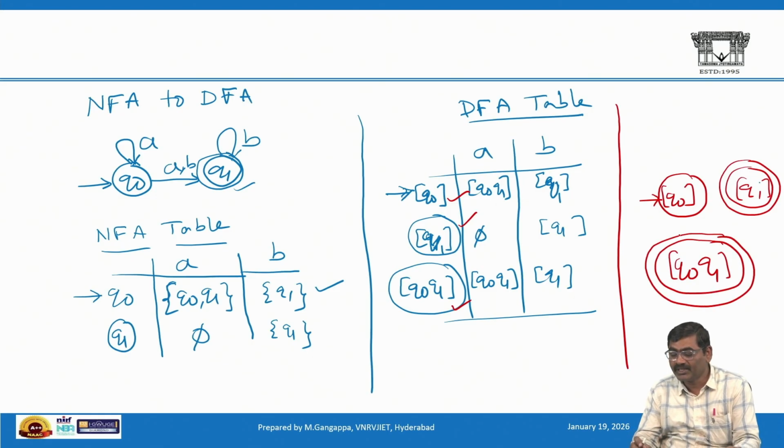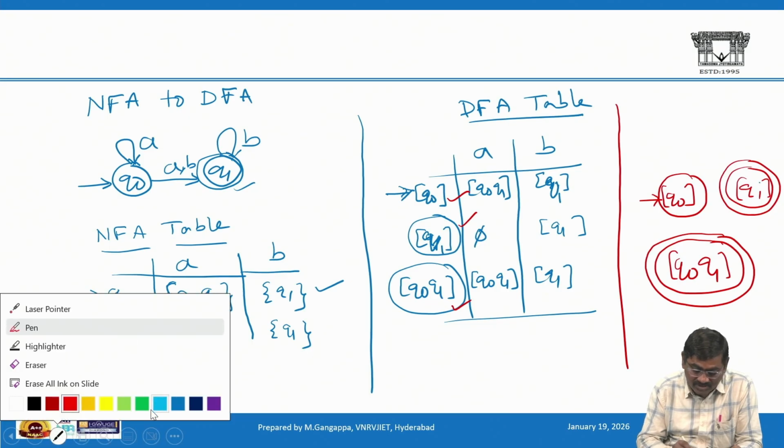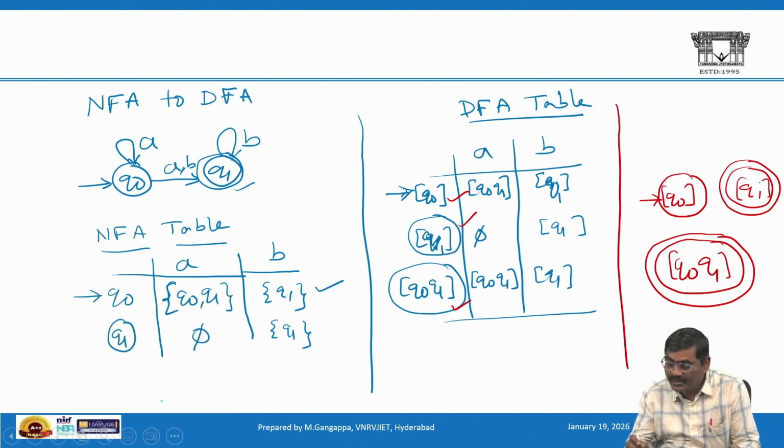These are the states. After taking the states like this, we should make the transitions, I mean draw the edges. Here I am taking one more color. Q0 on A goes to Q0, Q1.